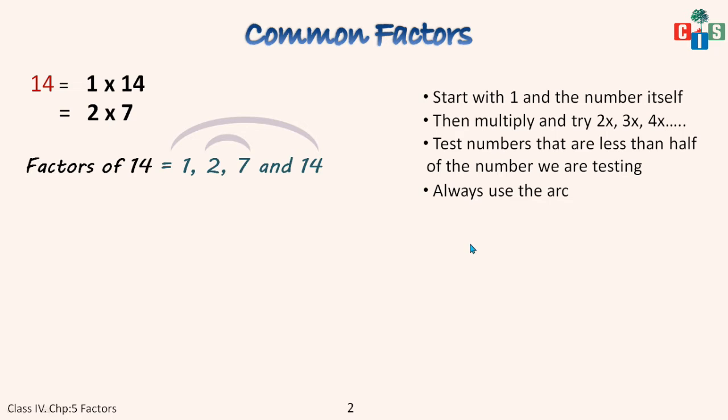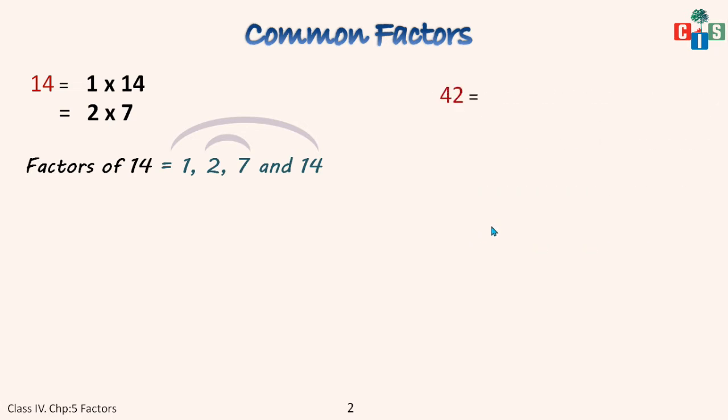Now let's take the other example, 42. Starting with 1 and the number itself, that is 1 multiplied by 42. In the table of 2, 2 times 21 gives 42. In the table of 3, 3 14s are 42. 42 will not come in the table of 4 or 5. In the table of 6, 6 7s are 42.